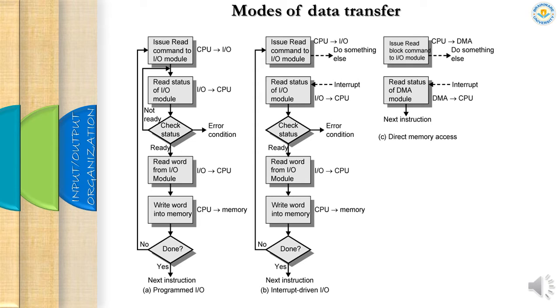DMA transfers are performed by a controller circuit that is part of the I/O device interface. This circuit is called the DMA controller. The DMA controller performs the functions that would normally be carried out by the CPU when accessing the main memory.